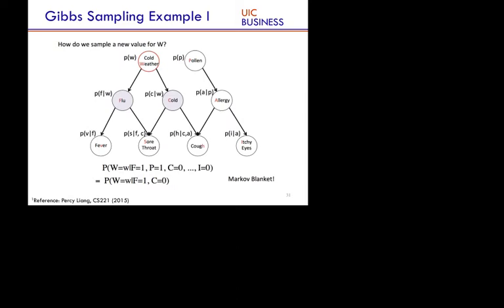Let's say we want to sample a new value from W. W is this cold weather random variable. Now, how do you sample from W given all these other random variables?